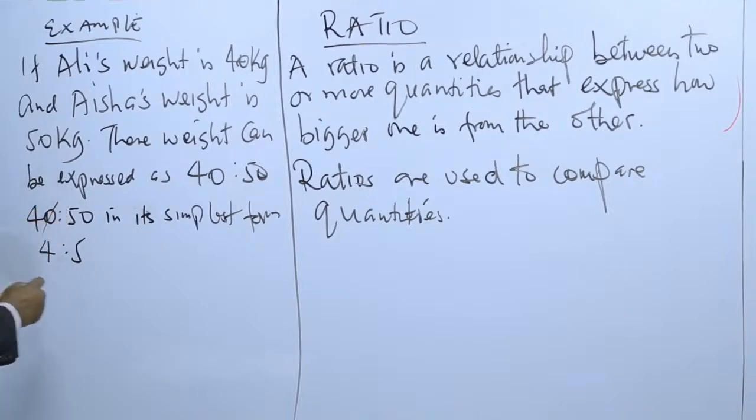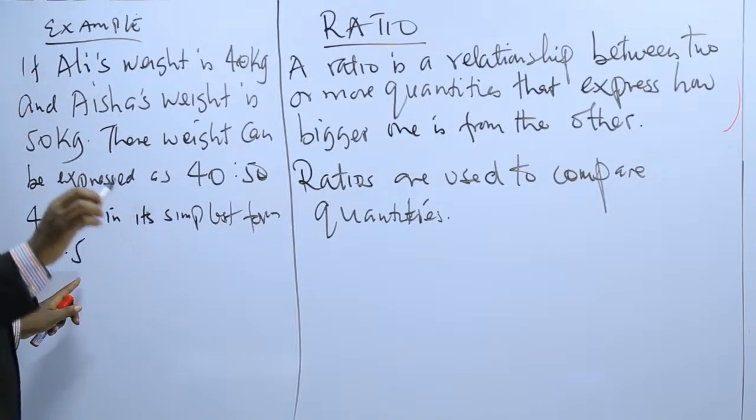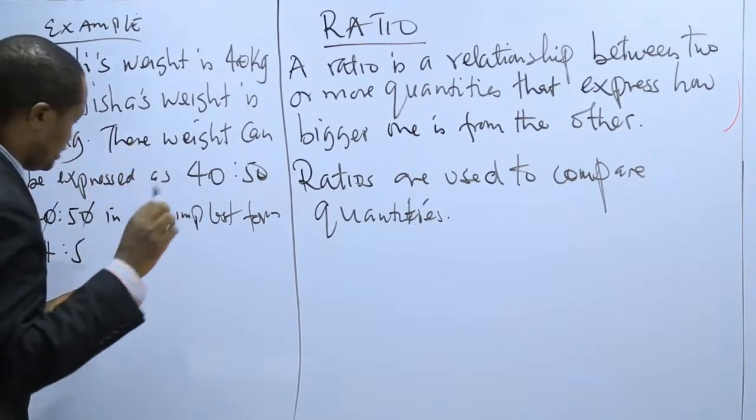This 0 cancels out with this, so that we have 4 to 5 being the ratio of Ali's weight to Aisha's weight.